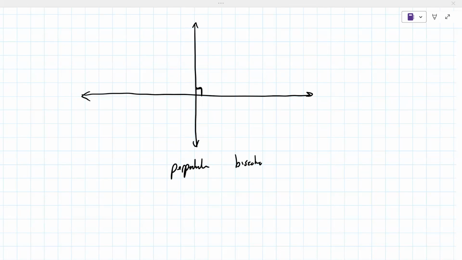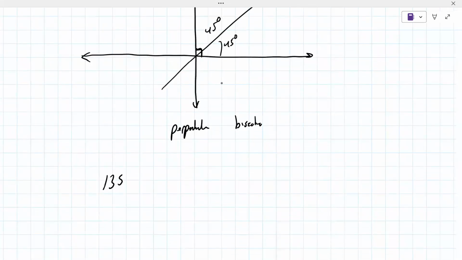So sometimes they give you questions where they ask you to try to bisect an angle to make a 45-degree angle. They also might ask you to make a 135-degree angle, which is really a 90-degree angle plus a 45-degree angle.